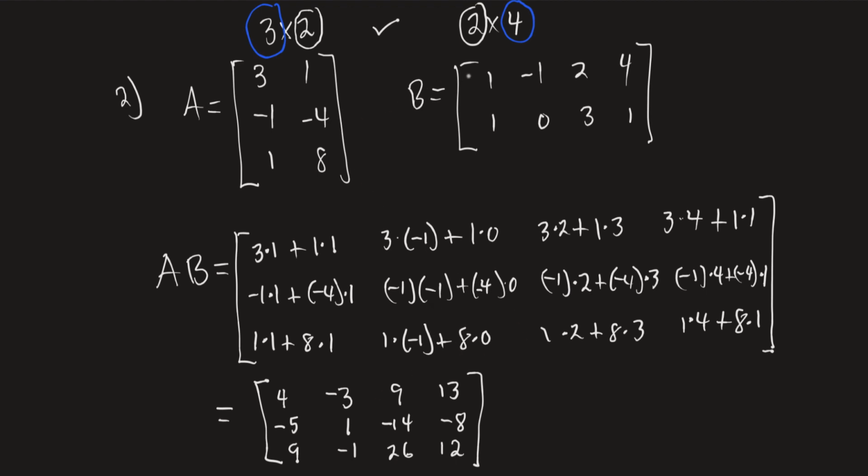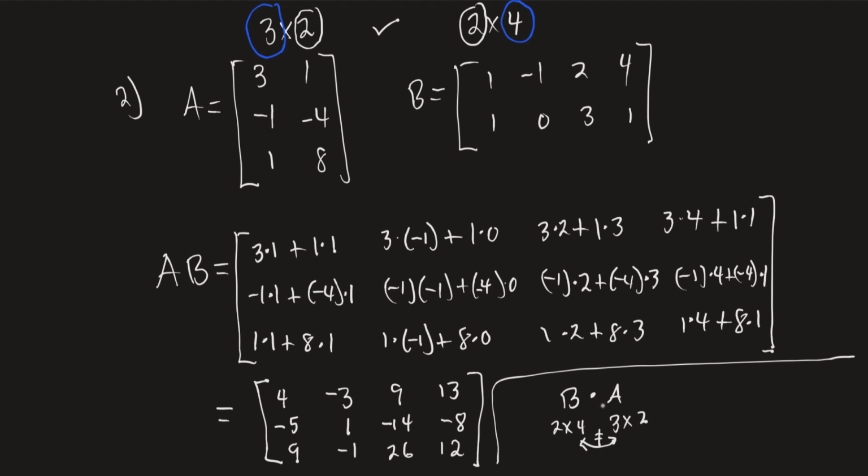Now notice, if I tried to do B times A, I'm just going to do that here. I'm going to break this off. So if I tried to do B times A with this pair of matrices, well, B is a 2 by 4 matrix, and A is a 3 by 2 matrix. And because these two numbers are not equal, I could not do the product in this order.